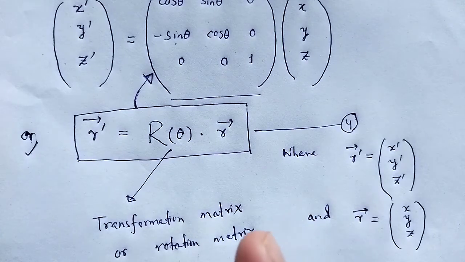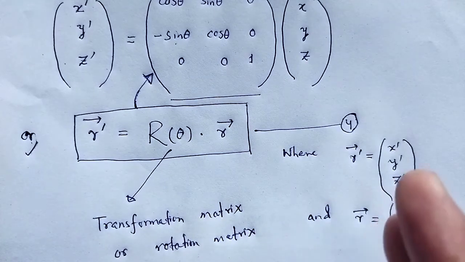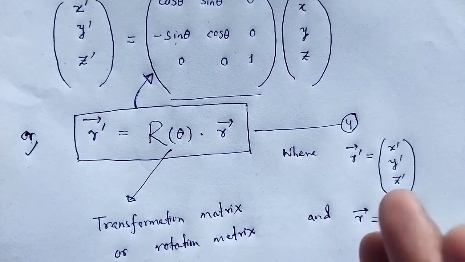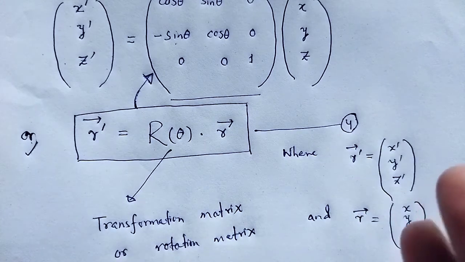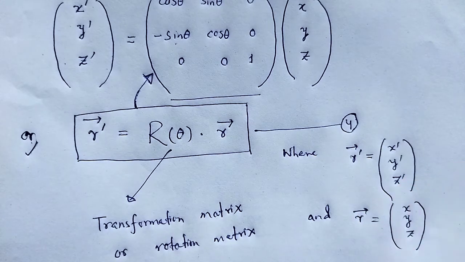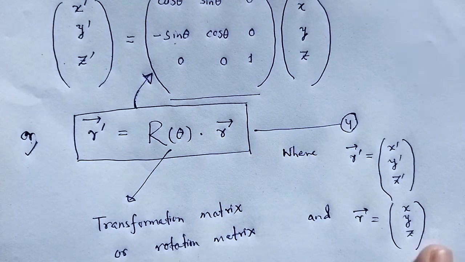Also, we know that a vector can be represented by coordinates of a point which are proportional to the vector components. So, the components of a vector should transform under rotation of coordinate axis.